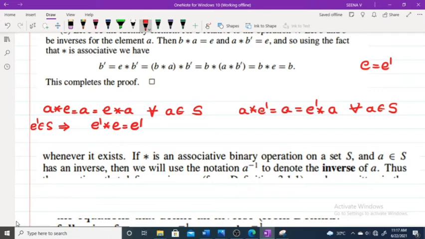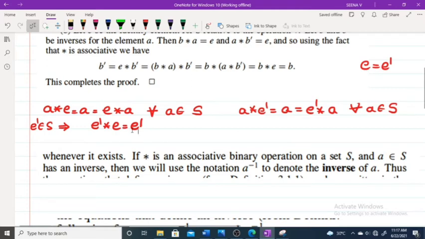If you consider a star e equals a for every a belonging to S, in this case we are treating e as the identity element. e dash is another element in S, therefore e dash also satisfies this condition.